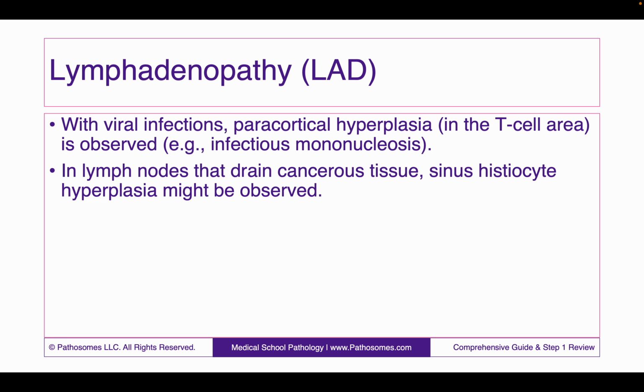Now, we've already talked about this, so I'm going to ask you a question. What do the activated T lymphocytes look like on the peripheral blood smear for infectious mononucleosis? You remember that? How they have that sort of bluish hue as they embrace the neighboring red blood cells? You remember.